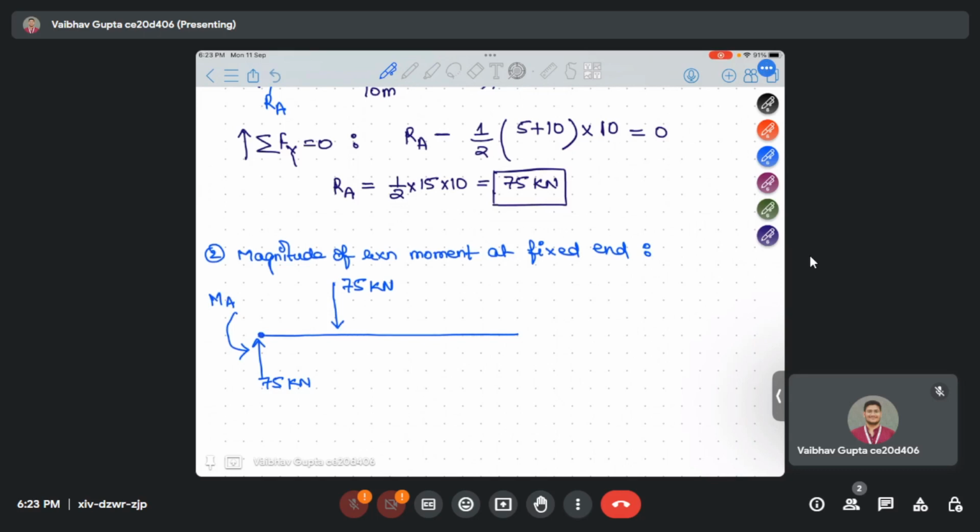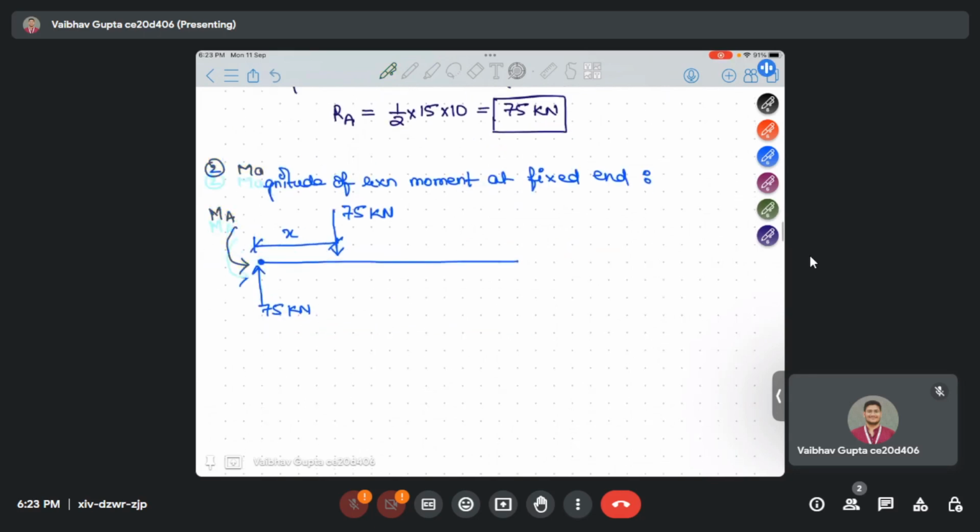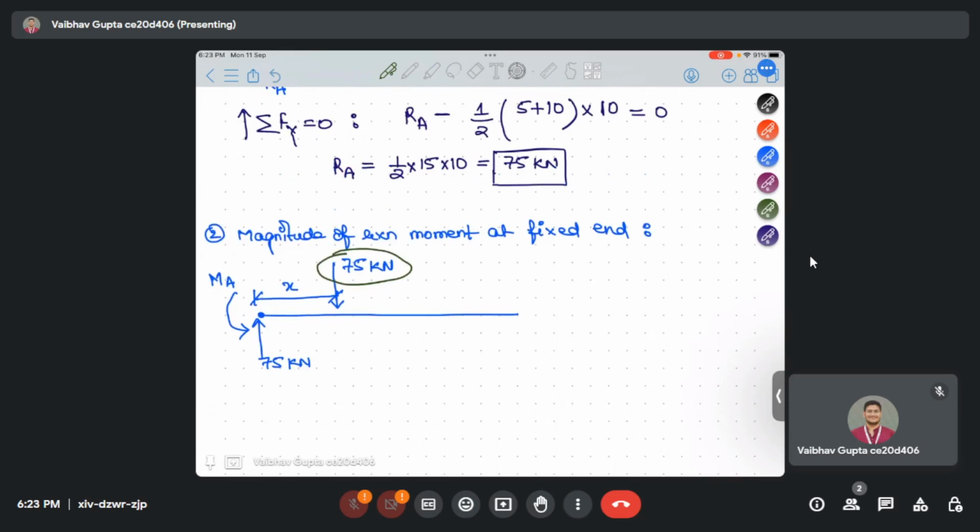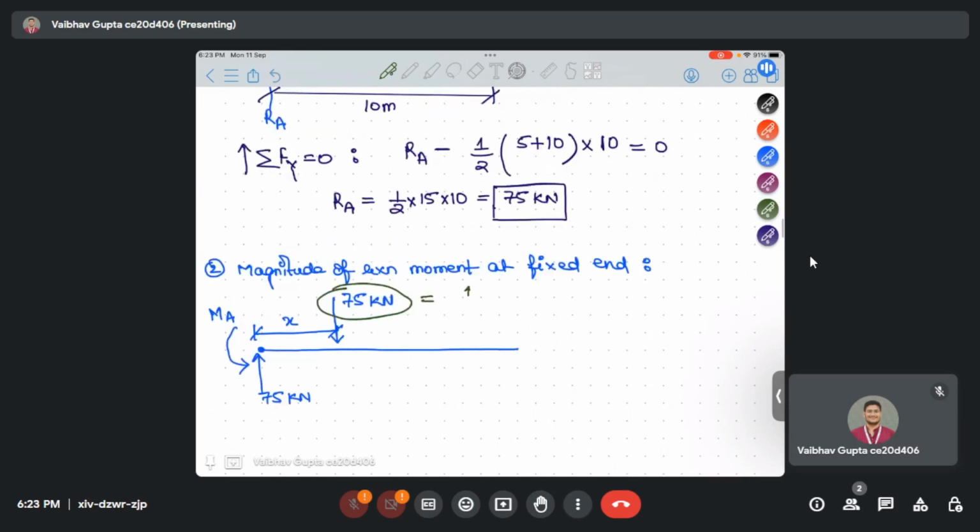What will the distance X be? See, 75 we have calculated with the help of half of base into the sum of parallel sides. This is the equivalent load acting on the beam. This X will be the CG.